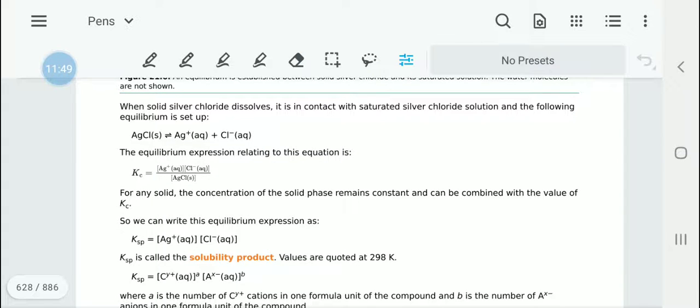For example, when silver chloride dissolves, the following equilibrium is set up.